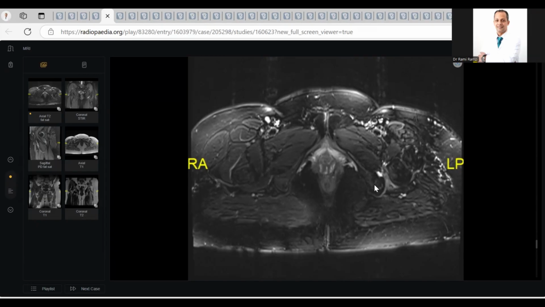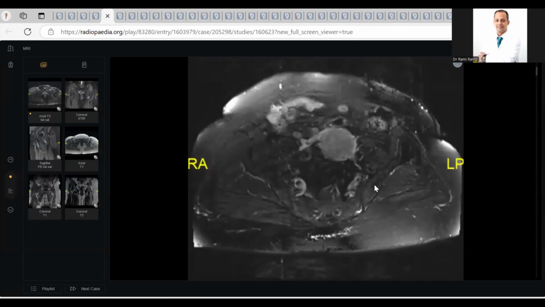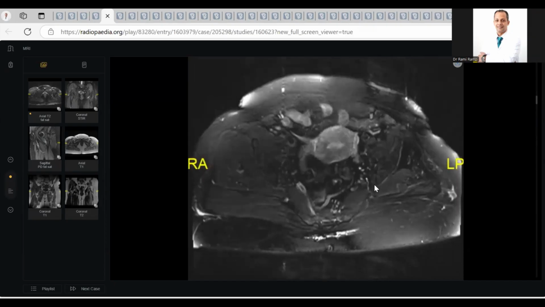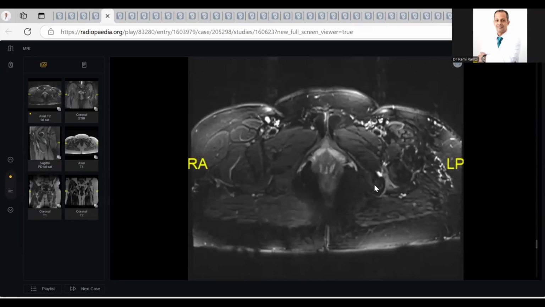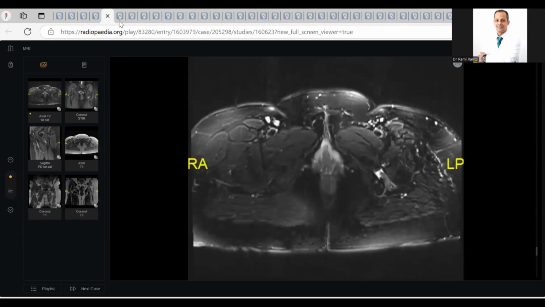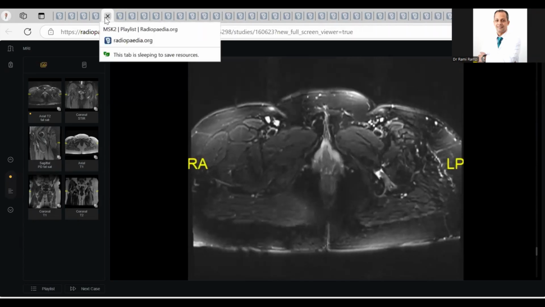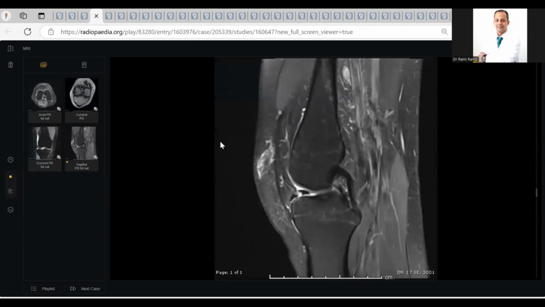Because even in practice, many of us miss this diagnosis. All of us are looking at the hips, looking at the sacrum, looking at the sacroiliac joint, and we forget to tell about the ischiofemoral space. I give you 6/8, but you picked up at least some edema.